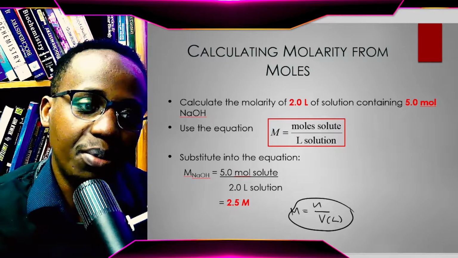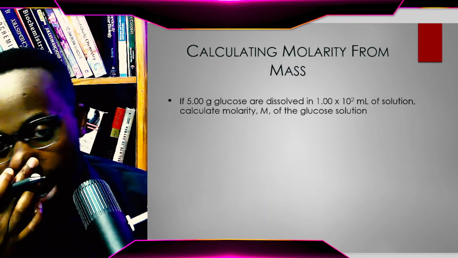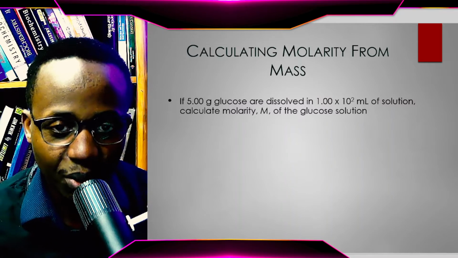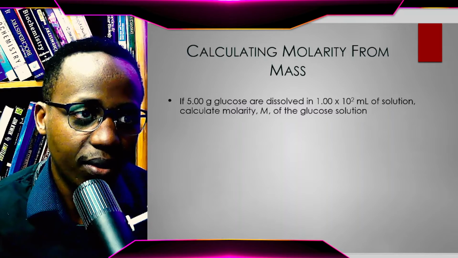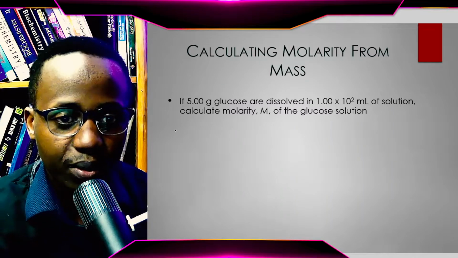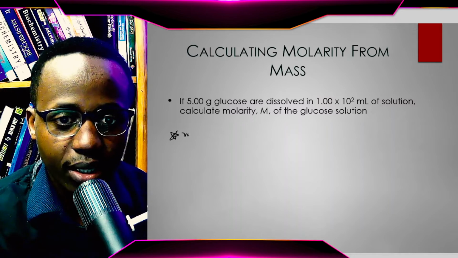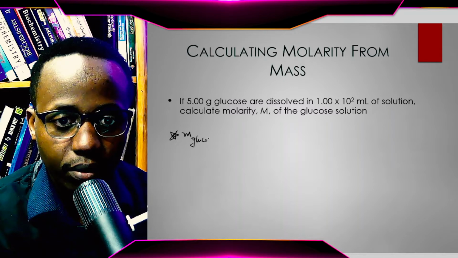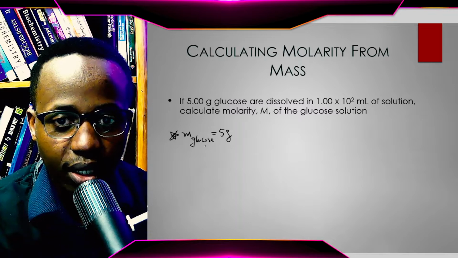But this is just one example. Another example is something like this. Instead of giving you the moles, look at what I gave you. I gave you the grams, right? We have glucose, so the mass of glucose is equal to 5 grams.